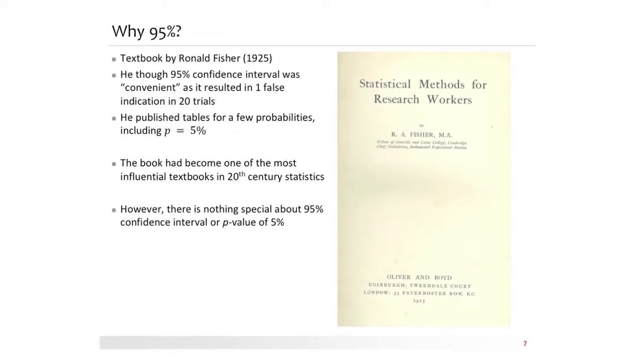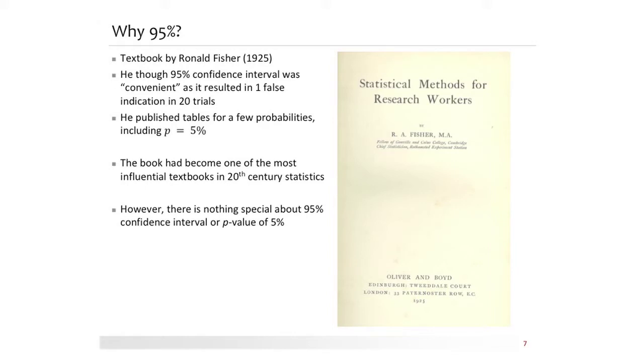Now, why 95%? Or alternatively, why a p-value of 5%? It's commonly used. Well, it dates back to a textbook published by Ronald Fisher in 1925, where he stated that a 95% confidence interval was convenient as it resulted in one false indication in 20 trials.